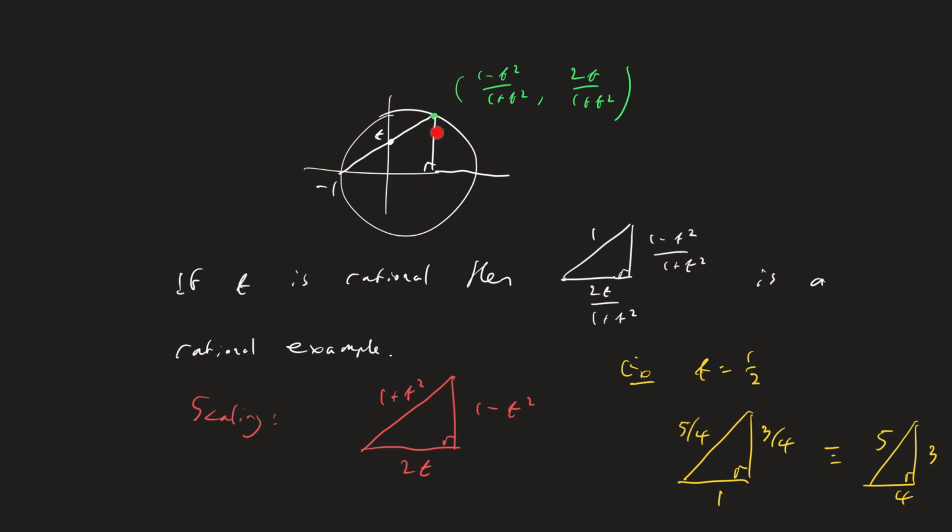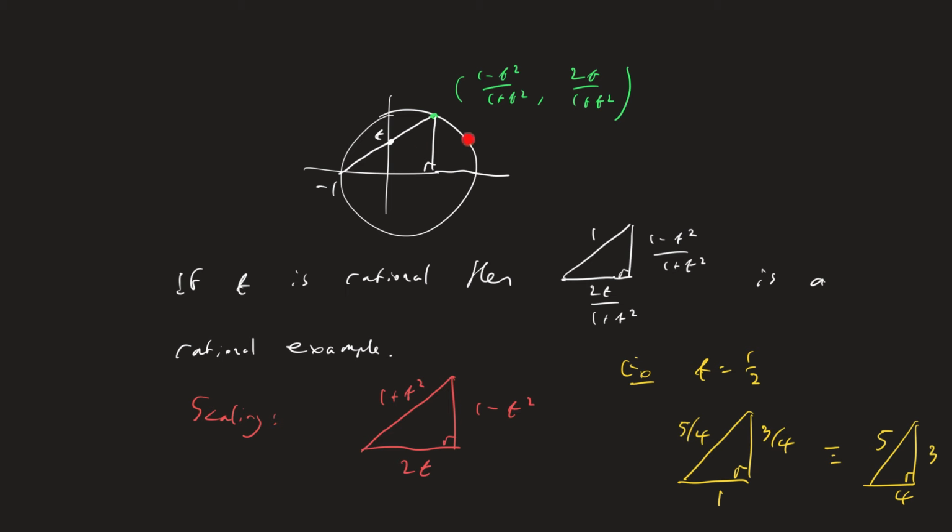We then get a right angle triangle as such, and we showed on the 10th of January that the coordinate of this point here was precisely (1 minus t squared)/(1 plus t squared), comma 2t/(1 plus t squared). If t is a rational number, then both these numbers are also rational.